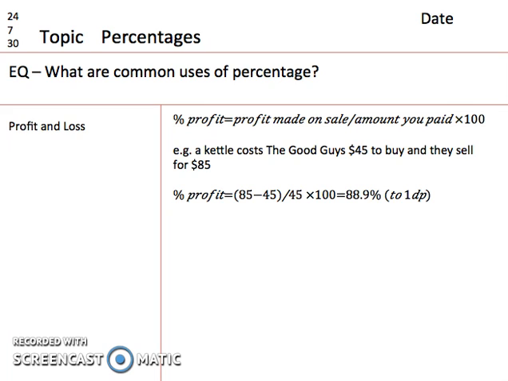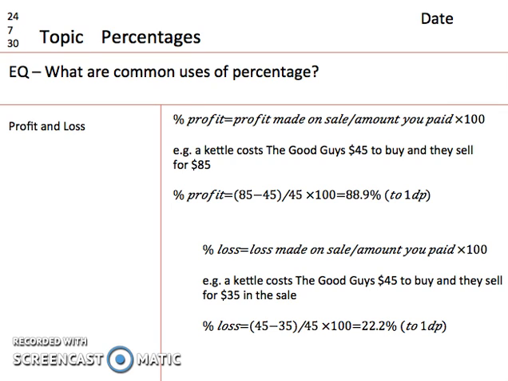88.9%. Now, whenever you're solving problems like this, when you come up with the answer on your calculator, if it needs to be rounded, please ensure that you signify in your answer that the answer has been rounded, in this case, to one decimal place. Put in brackets 1dp, 2dp, whatever the question has asked.